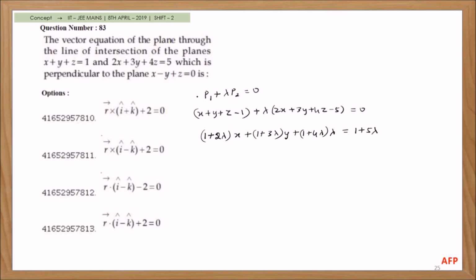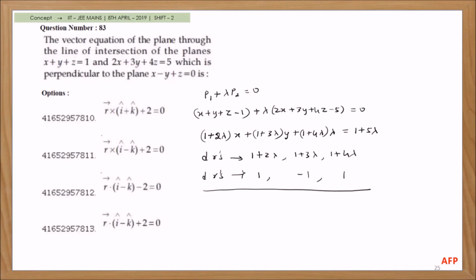So this plane is perpendicular to the plane which is given here. The direction ratios are 1 plus 2 lambda, 1 plus 3 lambda, 1 plus 4 lambda. The direction ratios of the given plane are 1, minus 1, 1. Since the planes are perpendicular, when you multiply the direction ratios it must be equal to 0.